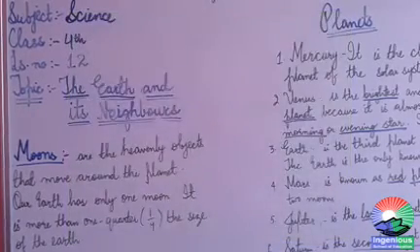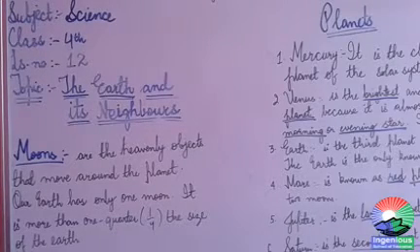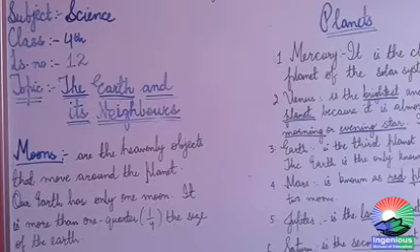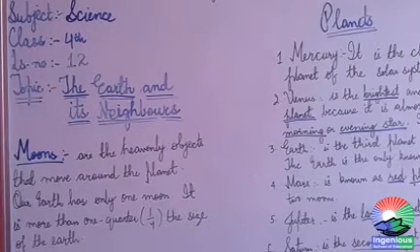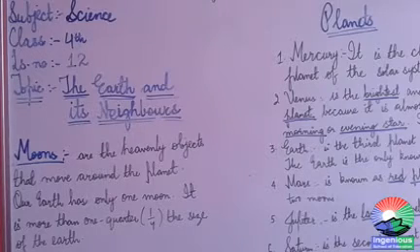Students, as I already told you, the planets move around the sun, isn't it? And the moons move around the planet. Very good. Students, we live on the planet Earth, and our Earth has only one moon, isn't it?